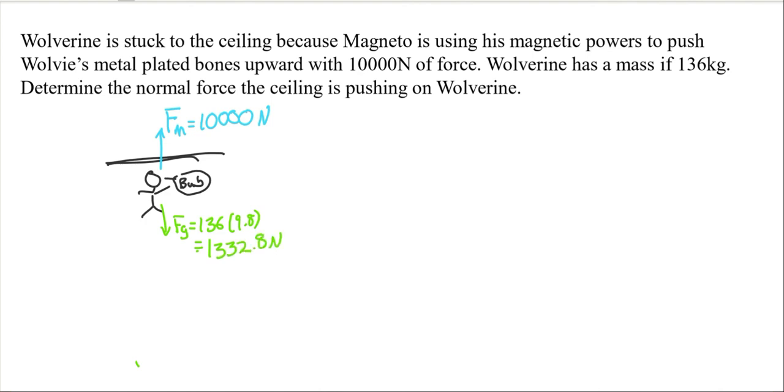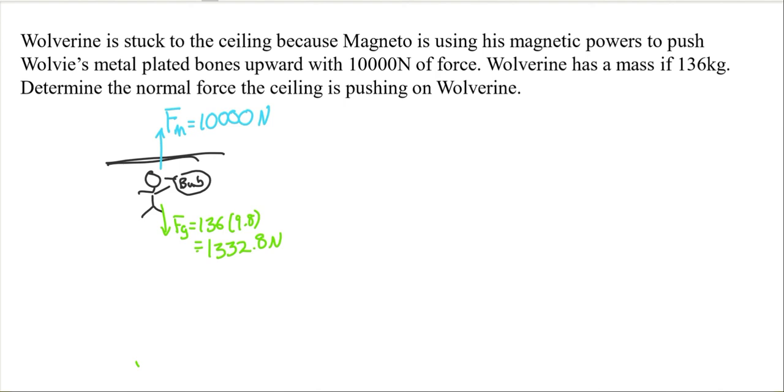Taking a look at this, what's winning? Clearly, the magnetic force is winning. The gravity just isn't nearly enough. That's why Wolverine was thrown upward off of the ground and is now stuck on the ceiling. But here's the thing. He's stuck on the ceiling. Is he breaking through the ceiling right now? Not according to this problem. That means something is keeping the ceiling from breaking.